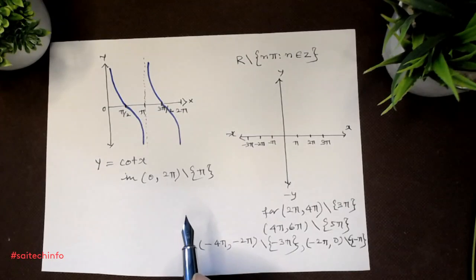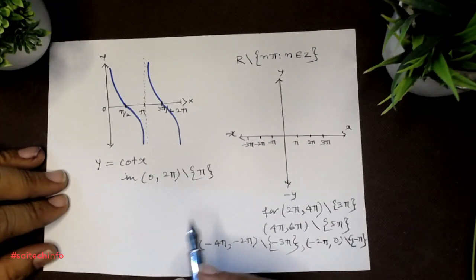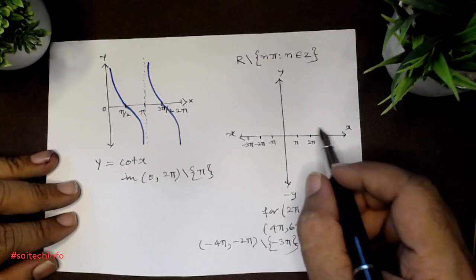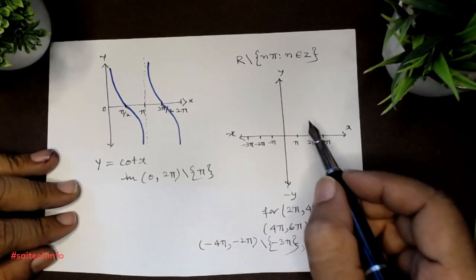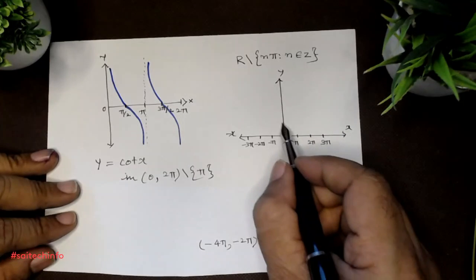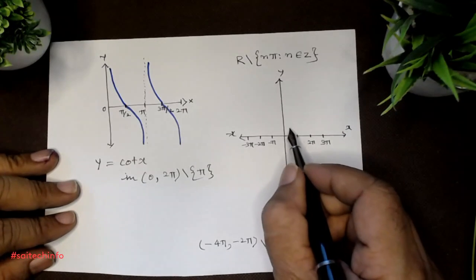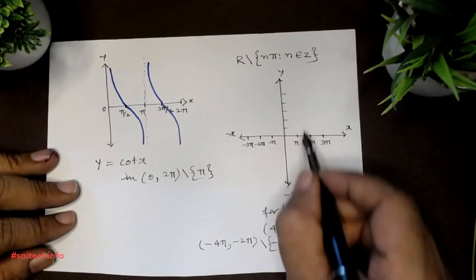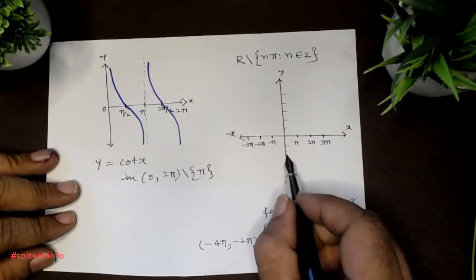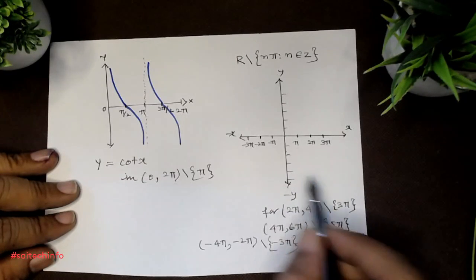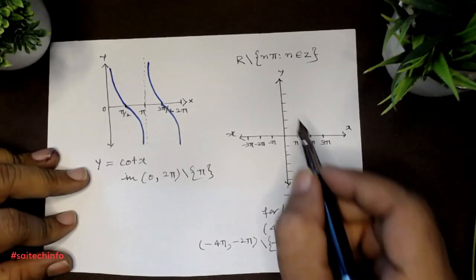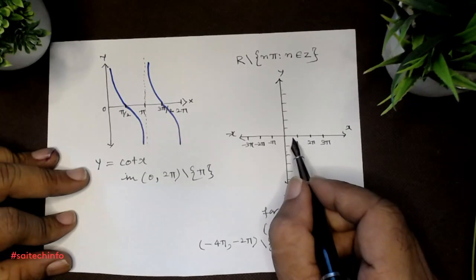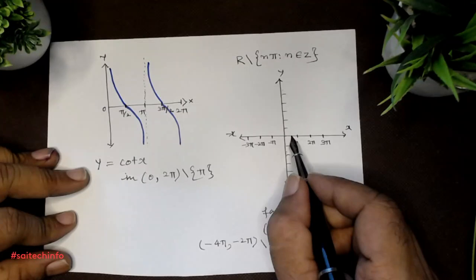Okay, now let us draw. So 0 to pi, it will have a shape like this, and let us have the values 1, 2, 3, 4, 5, and minus 1, 2, 3, 4, 5 on the range. So it comes very close, but it doesn't cross what?